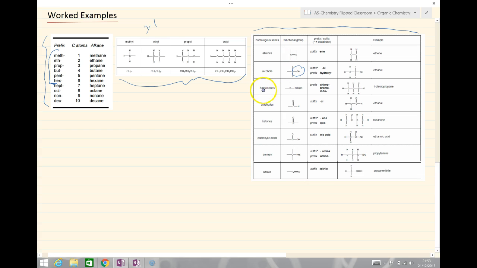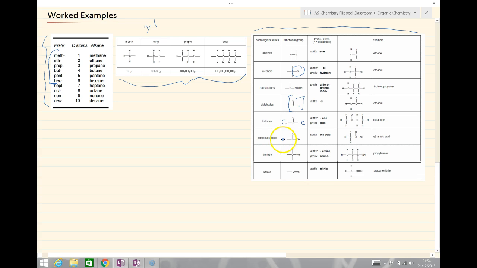We have the haloalkanes, which is identified by a halogen, so either a chlorine, a bromine or an iodine. We have the aldehydes, which are identified by a carbon double bonded to an oxygen with a hydrogen attached. We have the ketones, which is a carbon double bonded to an oxygen, and either side of that carbon there is another carbon group.